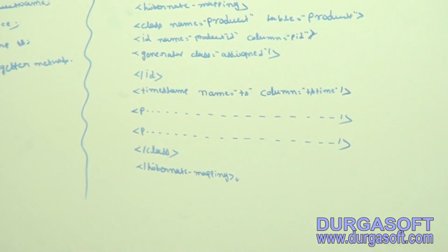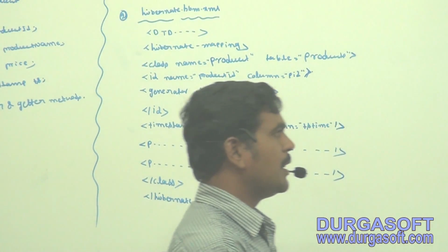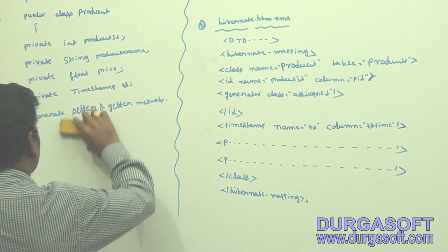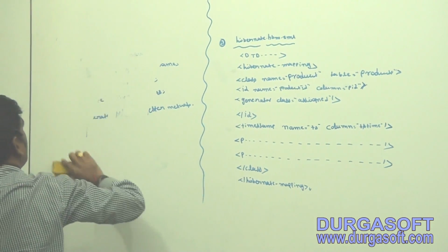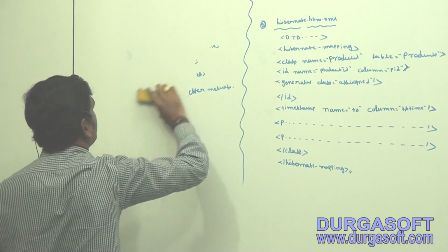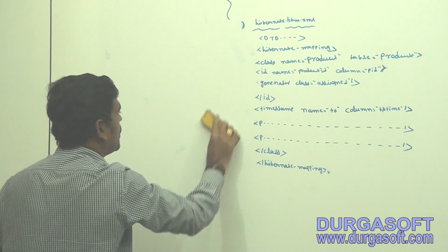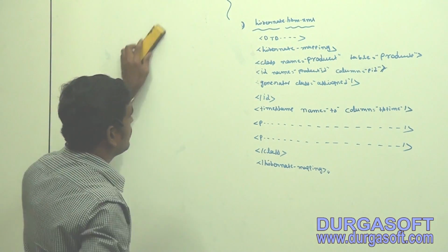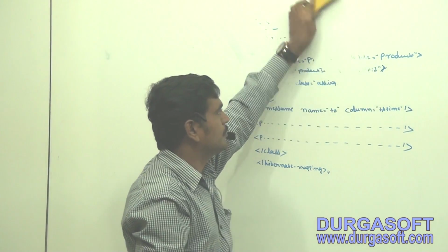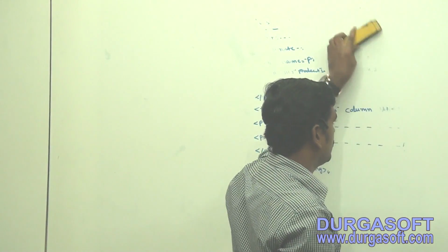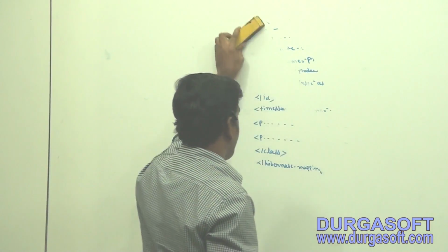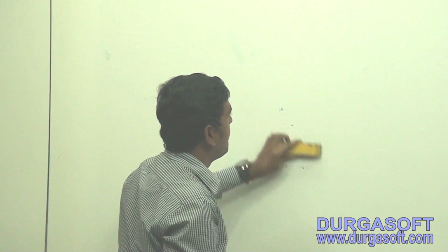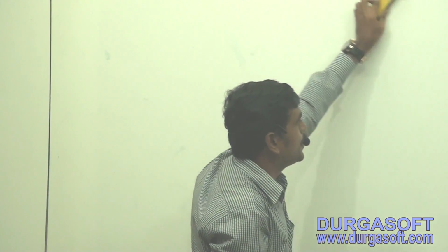The next, here, life cycle of Pojo class object.